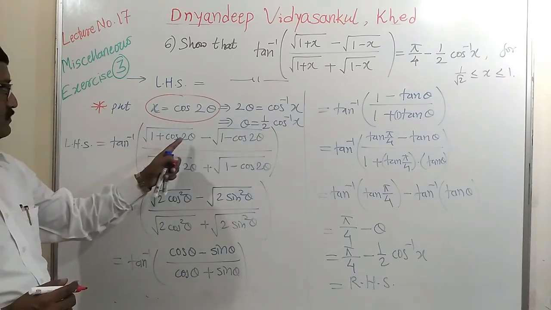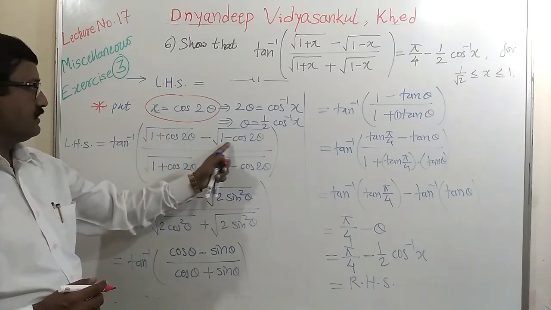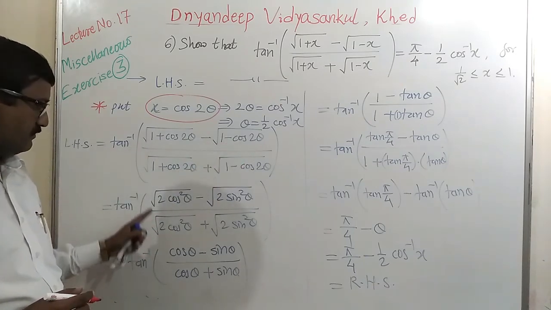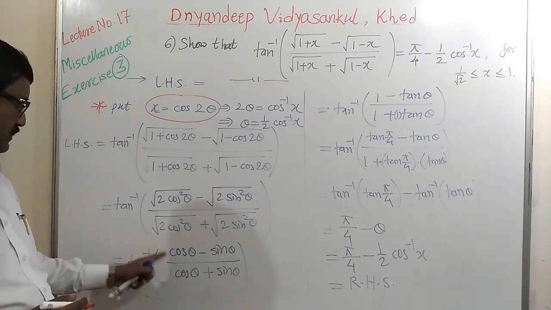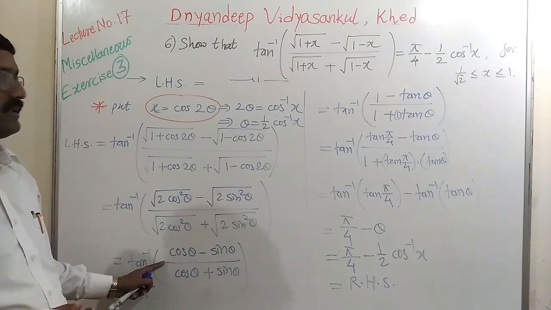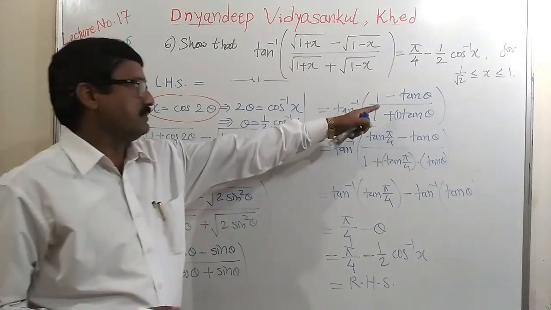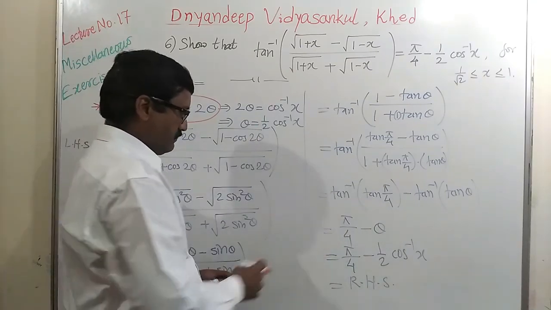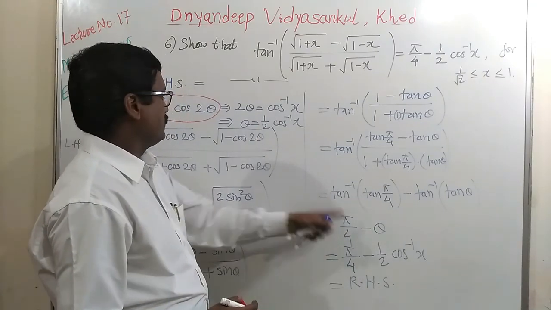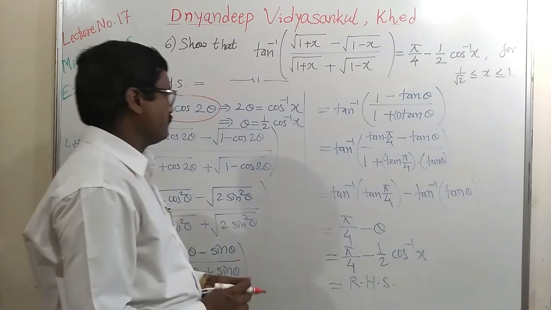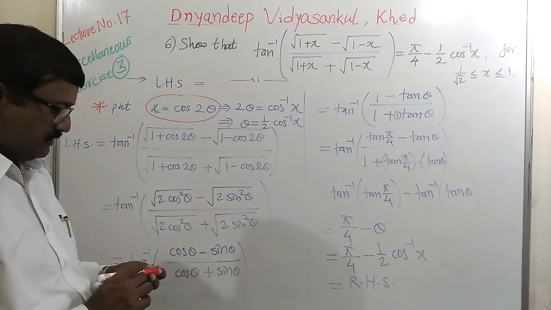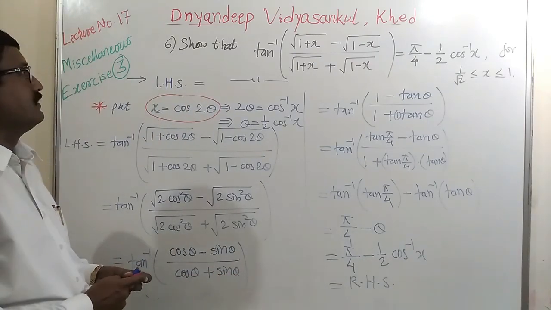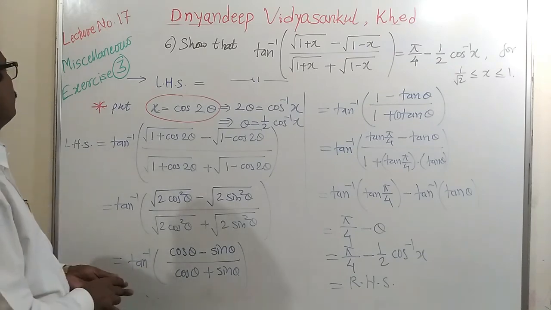So putting 1 plus cos 2 theta here, we get 1 plus cos, 1 minus cos, using the formulas, and after simplification, once again divide each by cos theta so that we can convert it into tan. And again applying the formula, we get pi by 4 minus theta, but theta is the same, half cos inverse of x. Okay, so these are the remaining examples from miscellaneous 3.